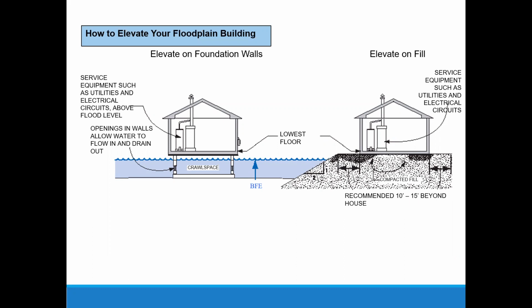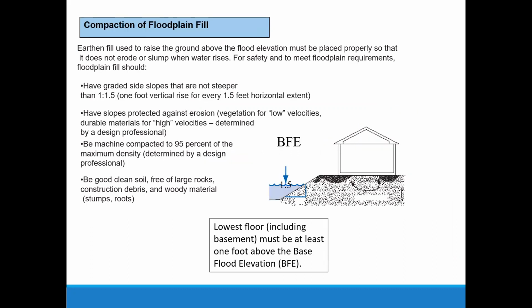Next slide. Okay, so floodplain fill, as I mentioned yesterday, on average, a foot or more of fill is something that's going to need a permit from the state. That would be Janelle Phillips in Manhattan. It is earth infill that's used to raise the ground above the flood elevation and has to be placed in such a way that it's not going to erode or slump or scour when you have floodwaters interacting with it.